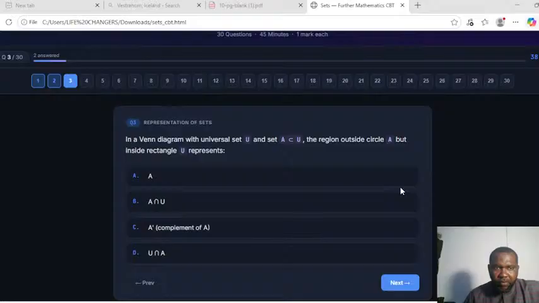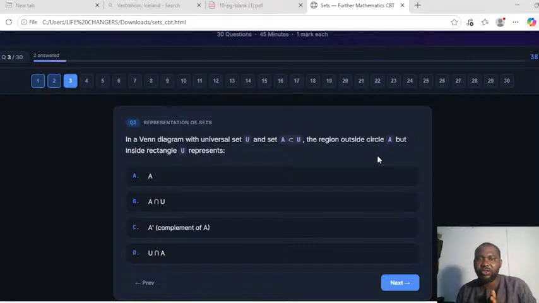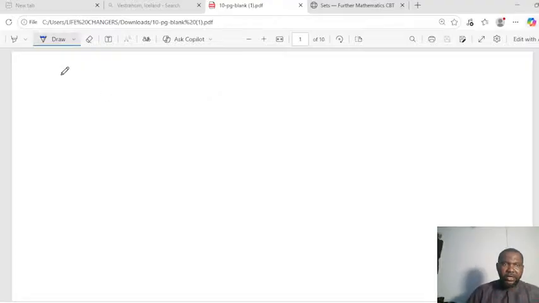Now this one says, in a Venn diagram with a universal set U, and A is a subset of U. Now, I have not explained what a universal set is. Maybe I'm going to do that now.